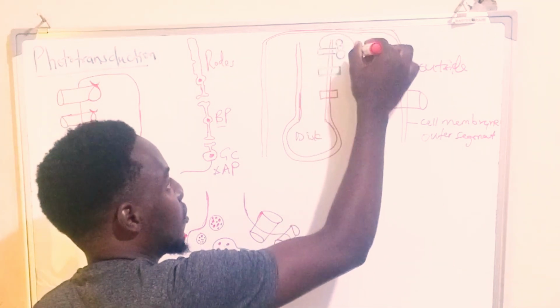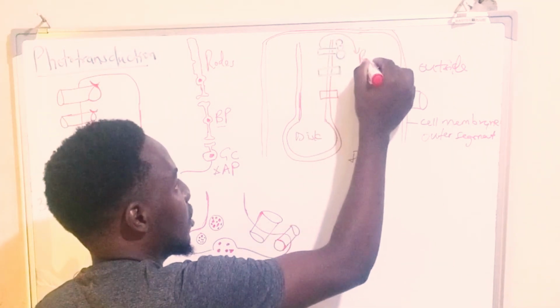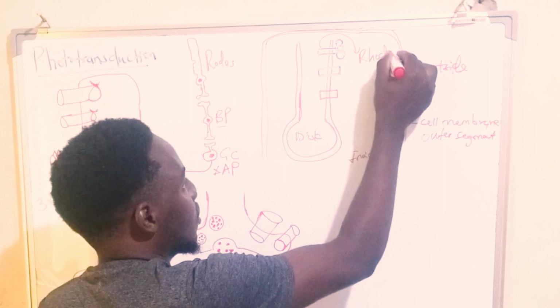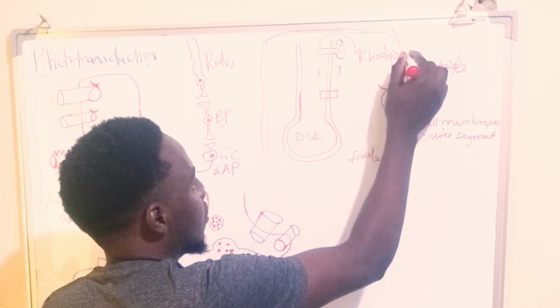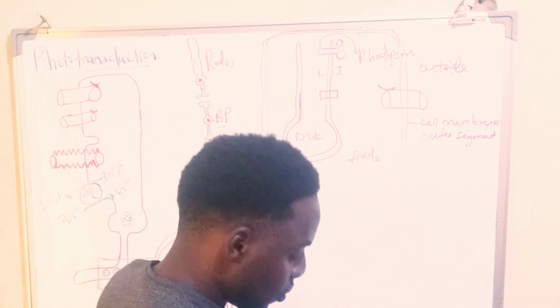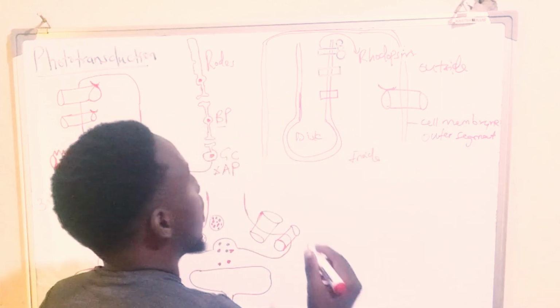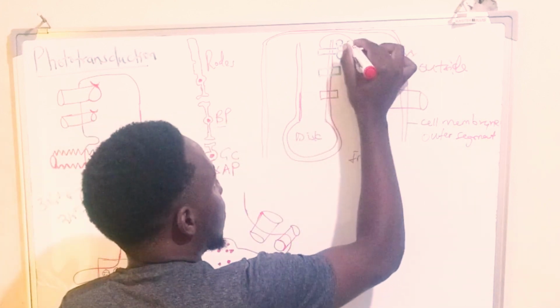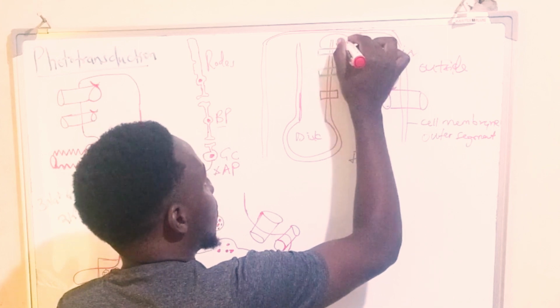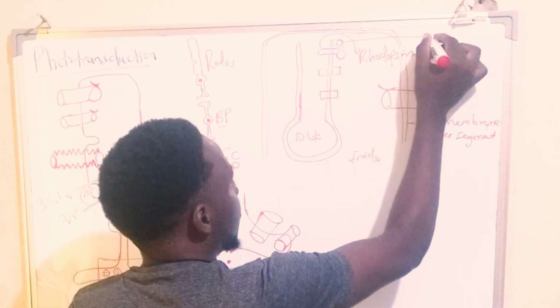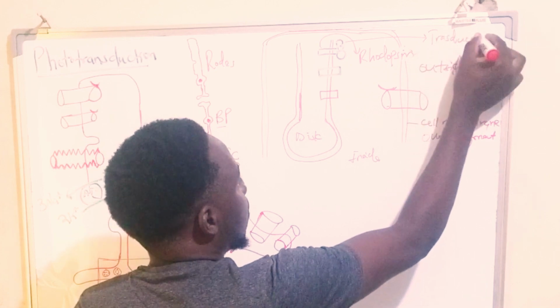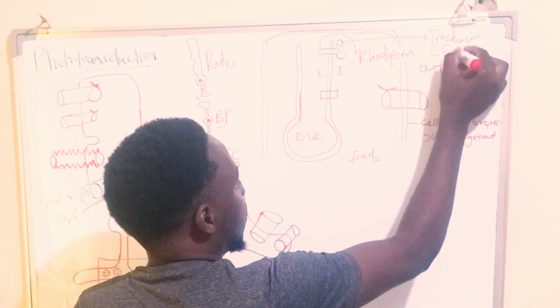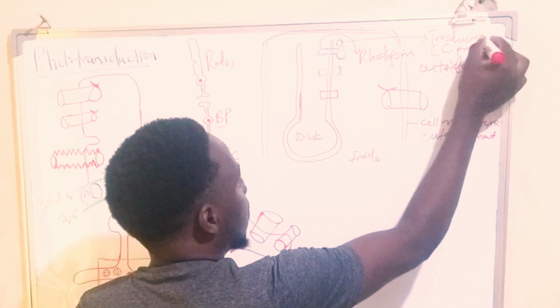On top is the photosensitive compound rhodopsin, which is in the rods. This rhodopsin is coupled to a G protein, which is known as transducin.